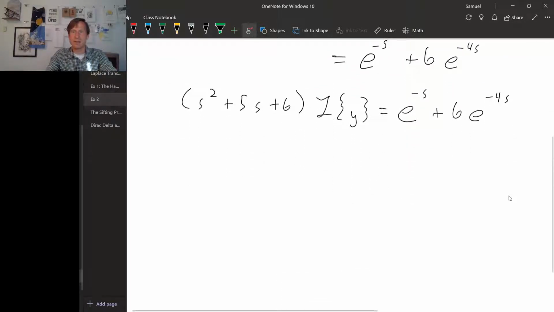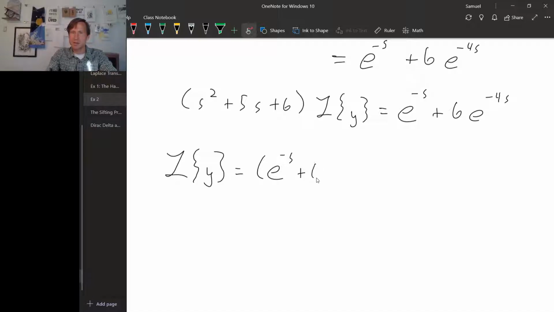Okay, and then divide both sides by our denominator here. So actually, I'm going to do it this way: e to the minus s plus 6e to the minus 4s times 1 over s squared plus 5s plus 6.